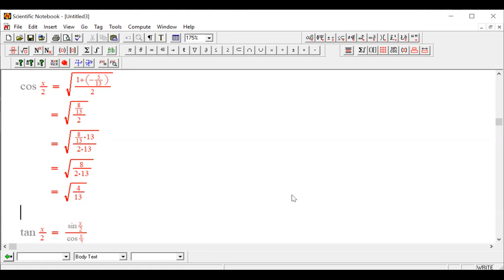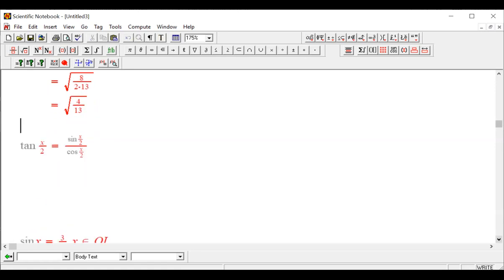You see, things are looking easier. They're getting easier as we move forward. So the next step, we have 2 over square root of 13. And you rationalize it, we get, in the end, 2 over 13 and root 13.